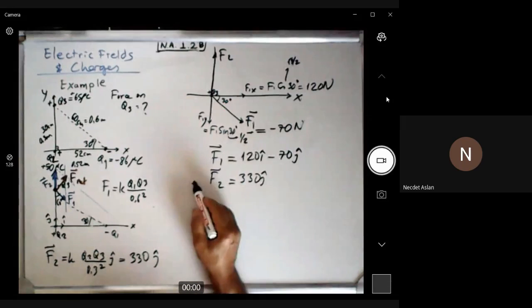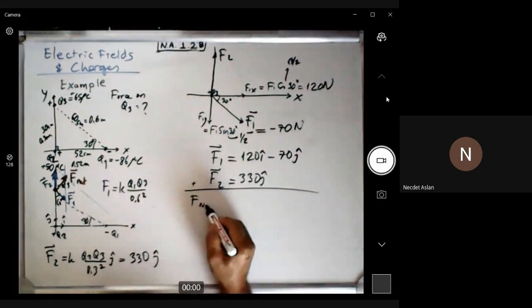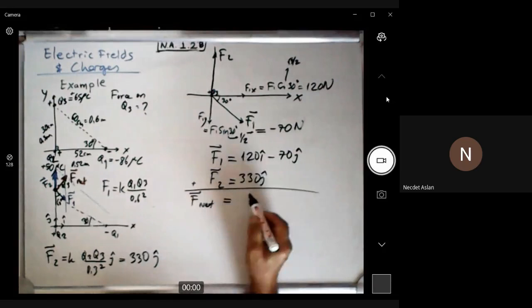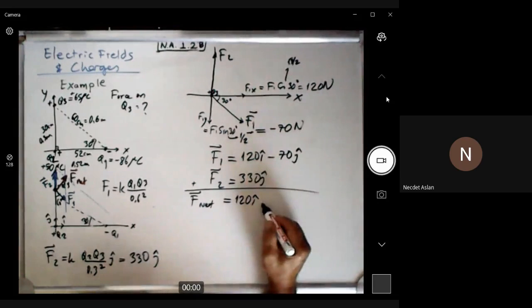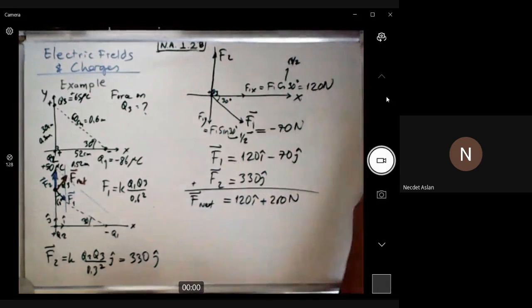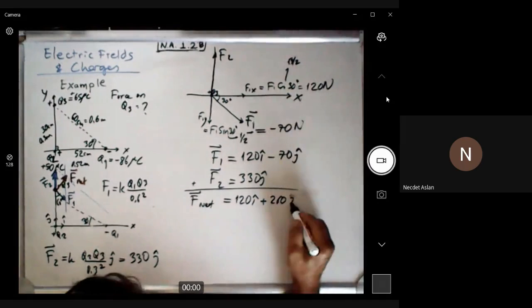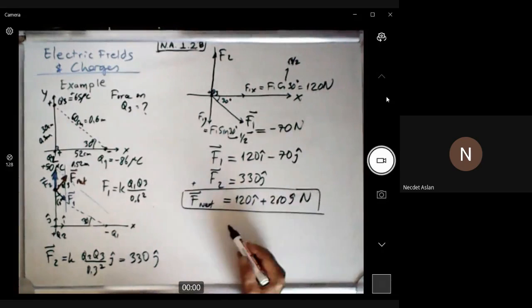Now, if you just add them up, this is what we get, Fnet. So Fnet is just the summation of this. And as you see, there is no X component in the second one, so 120 I. Now, 330 minus 70 gives you just 260 J Newton. Okay, so this is the net force.